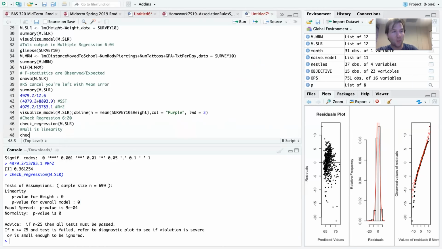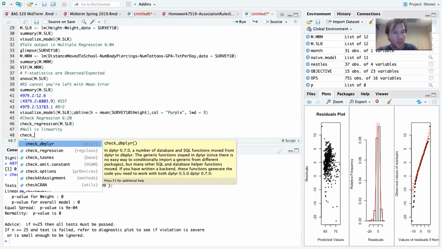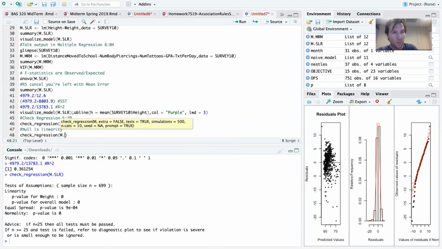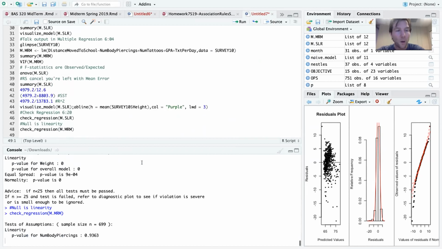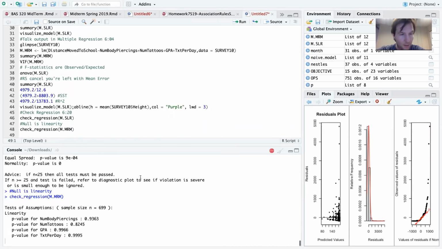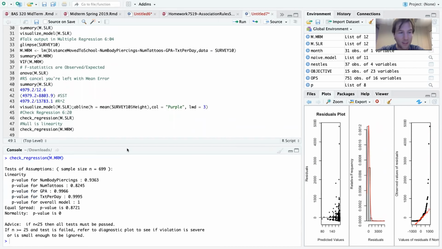Once again, let's look at our check regression for our multiple model world. Check regression in the multiple world. All you get different in the multiple model. Cool. Oh, it's making all my plots. I didn't do the x equal true this time. Oh no. Oh, this is our bad model, right?